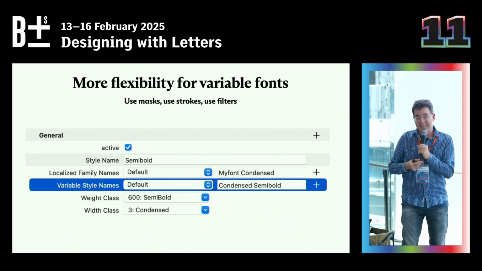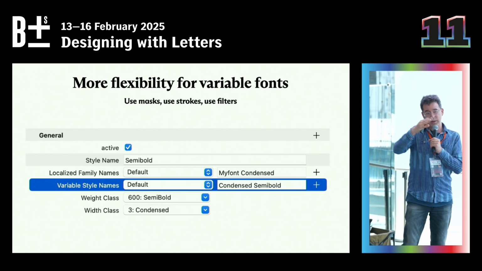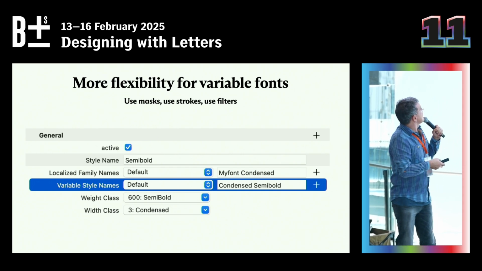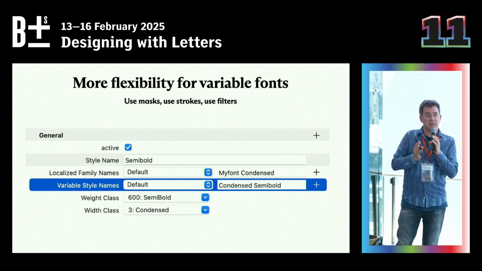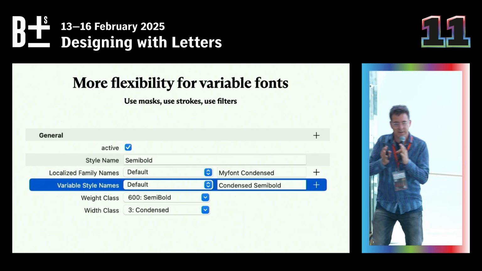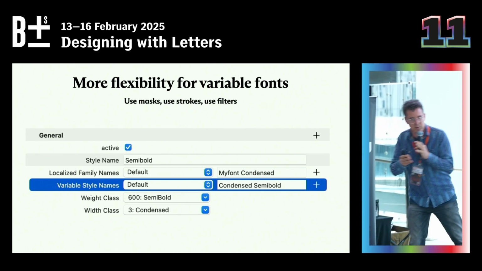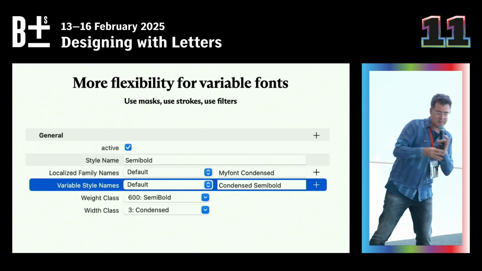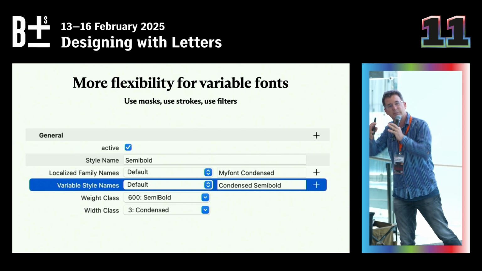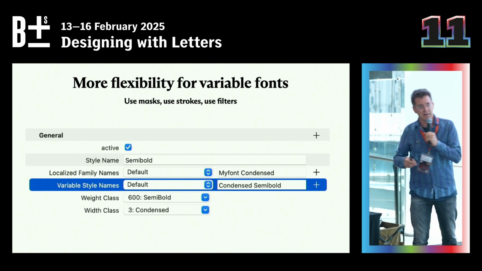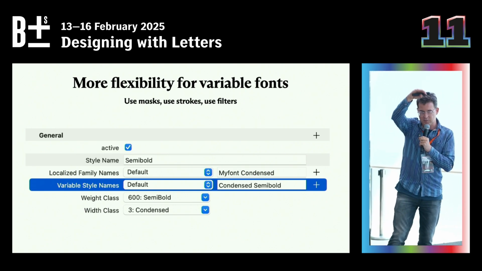Now the problem is, imagine the scenario: you have a weight and a width axis, right? And for a static font, you might split the different widths into different families. So you have my font condensed, my font normal, or my font expanded, for instance. And then in between those, you get the weight, right?